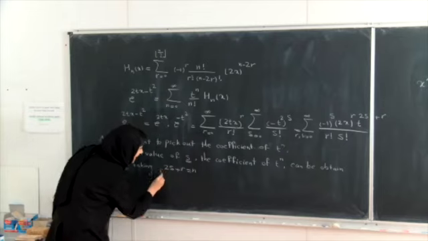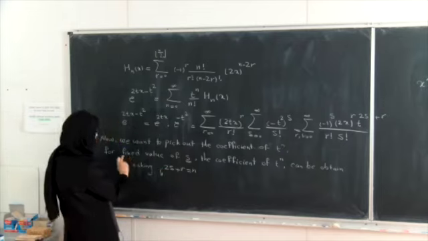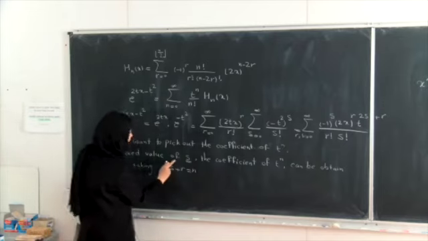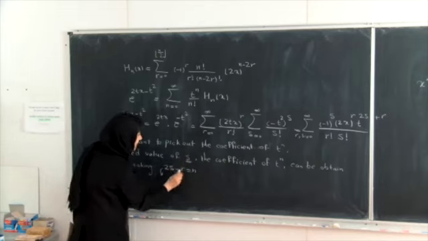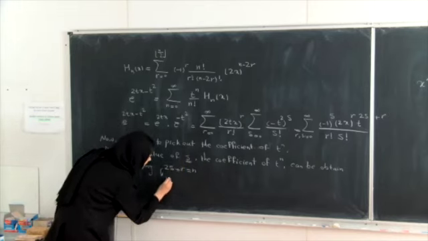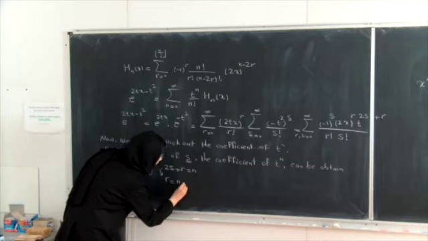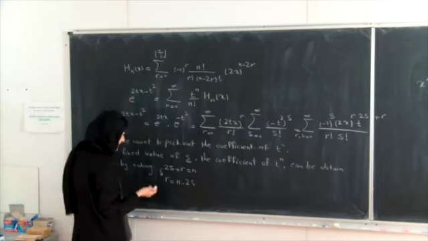So for a fixed value of s, we have r equals n minus 2s.